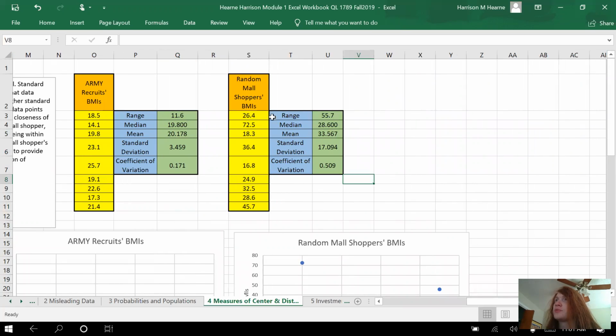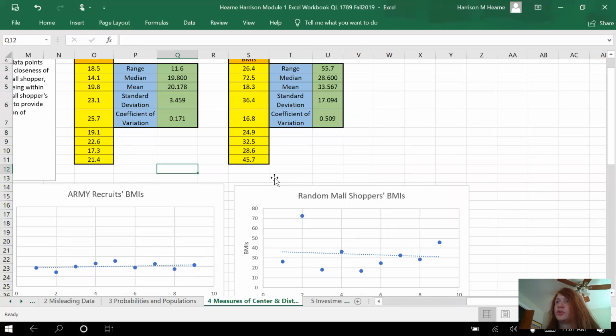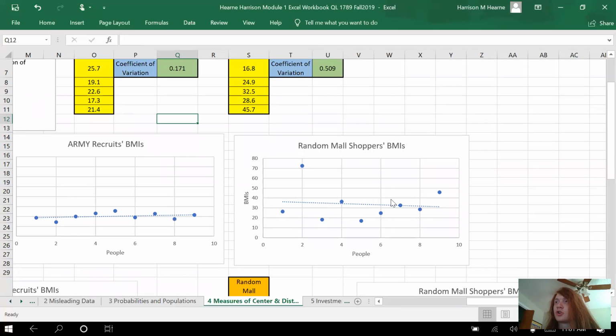And you can see all the numbers here for the random mall shoppers are much larger than the numbers for the Army recruits, which makes sense because Army recruits are most likely in better physical condition than just an average random shopper, which means their BMIs are probably going to be lower, which is represented because if you look at the chart down here, we have a couple of numbers that are considerably high.